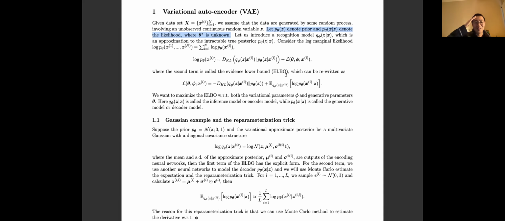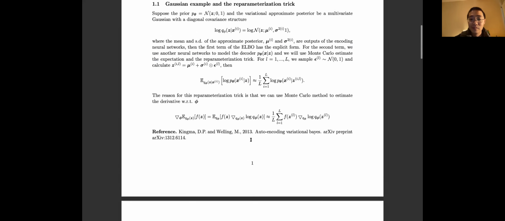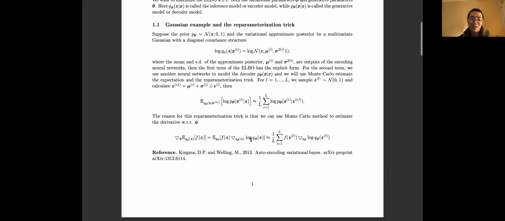So this is the standard VAE and the most famous example. Just a quick summary: we need to propose a prior for the latent variable, given the form of the inference model, and also the form for the decoder model.